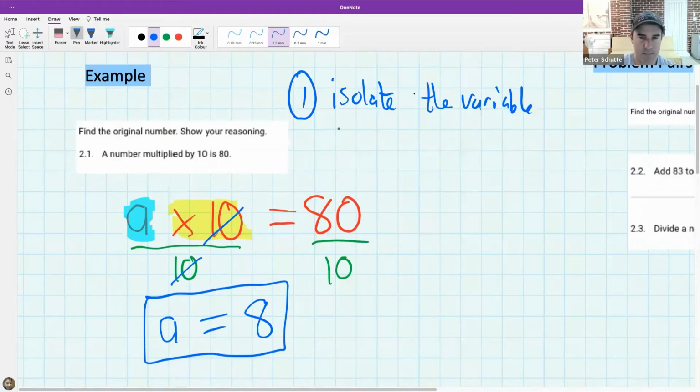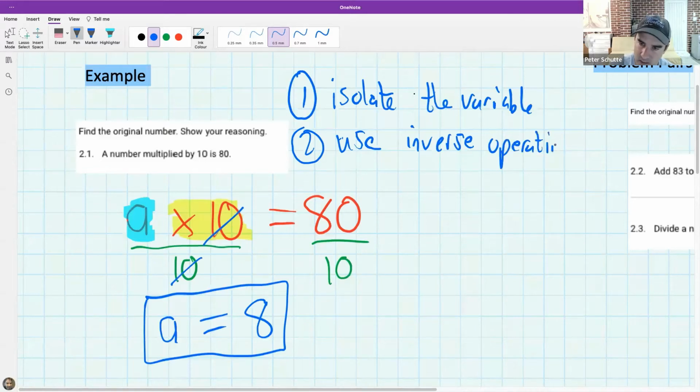The second step was to use the opposite operation, or the inverse operation, on both sides. So I'm going to practice that again and again today.